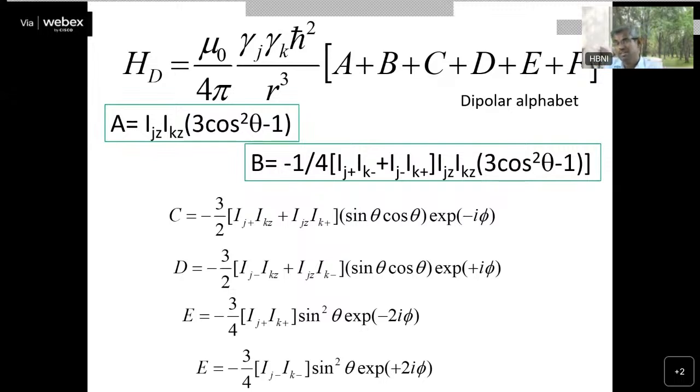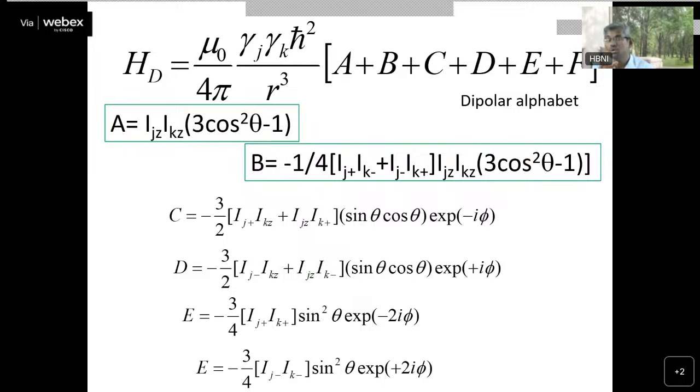Beta to alpha is raising, alpha to beta is lowering. For homonuclear cases, they will be contributing more. If, for example, you are studying the dipole interaction of two protons, then one proton can be called alpha and another proton can be called beta. So alpha, beta, alpha, beta, this type of raising and lowering operators become very effective at that time.